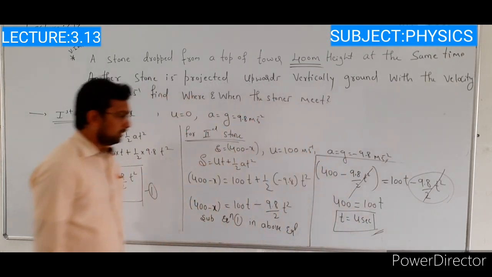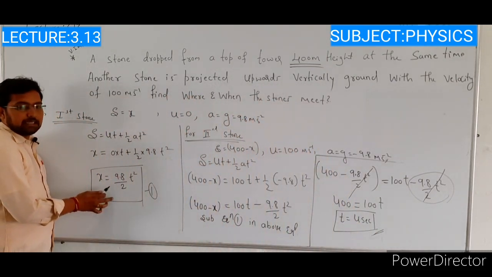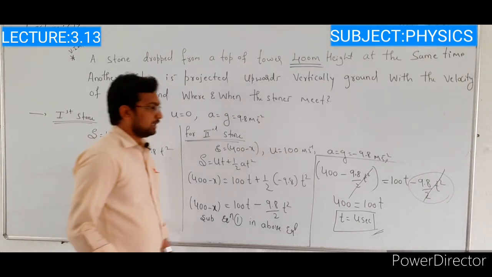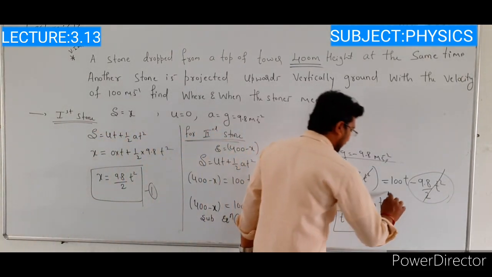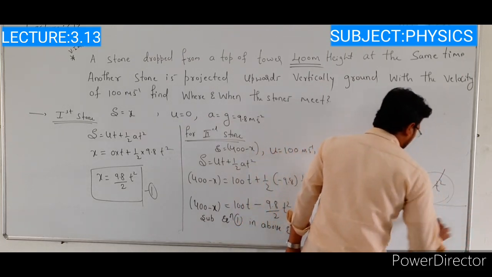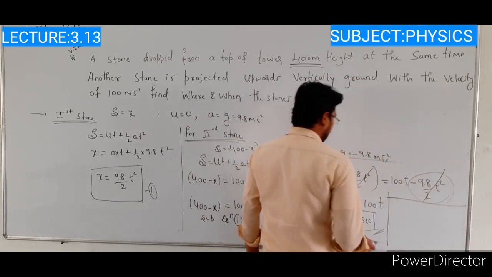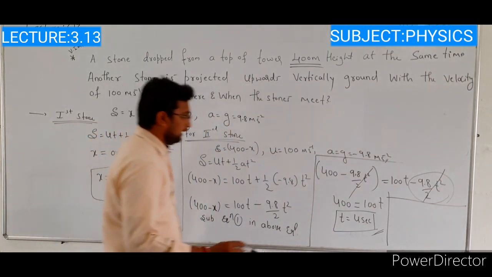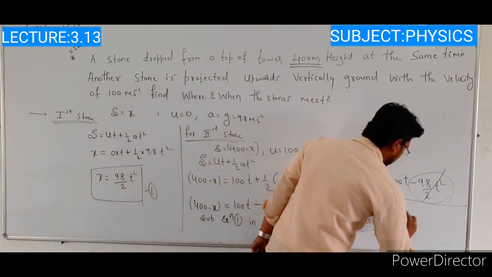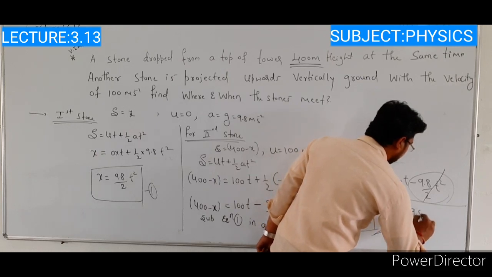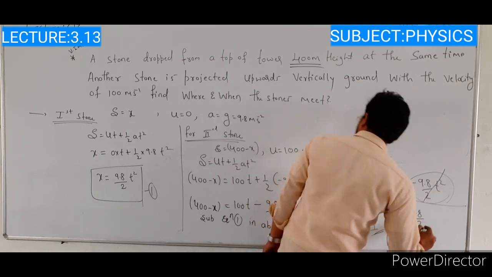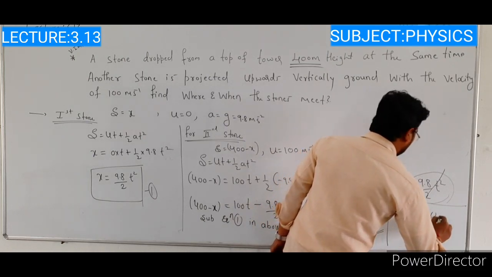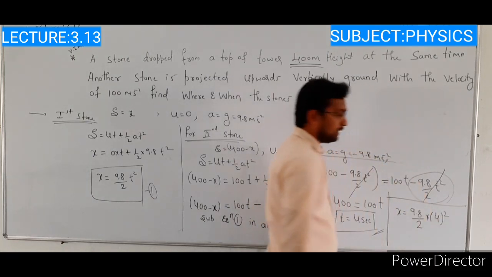Right. So then substitute the t value in equation number 1, and we will get the x value. So x is equal to 9.8 divided by 2 into 4 square. 4 square means 16.